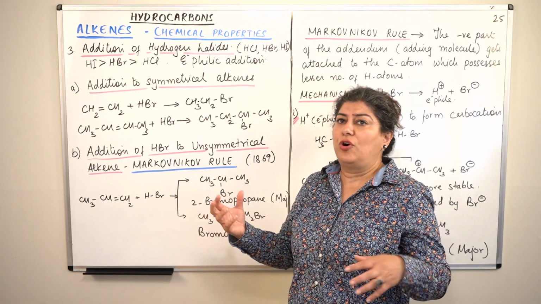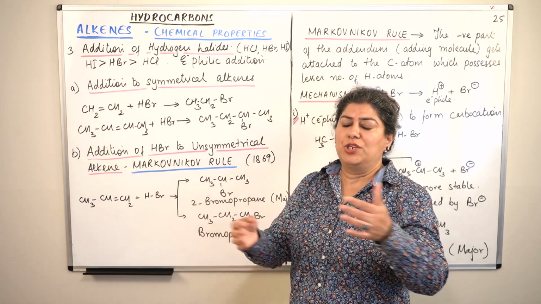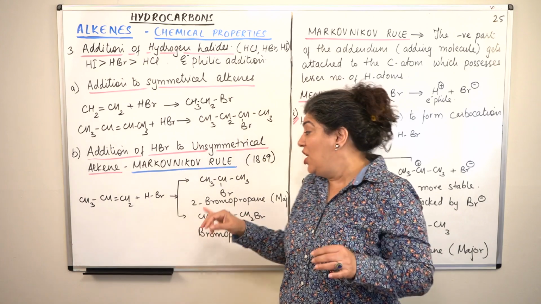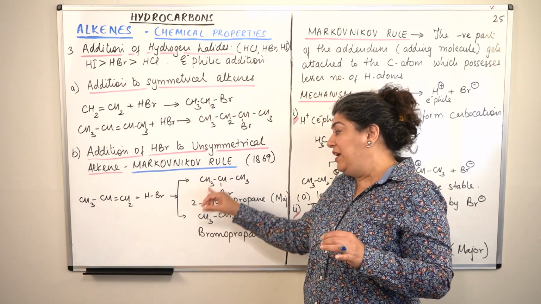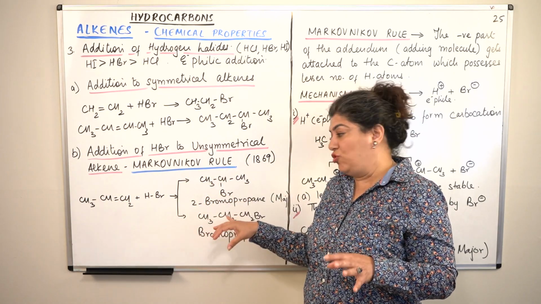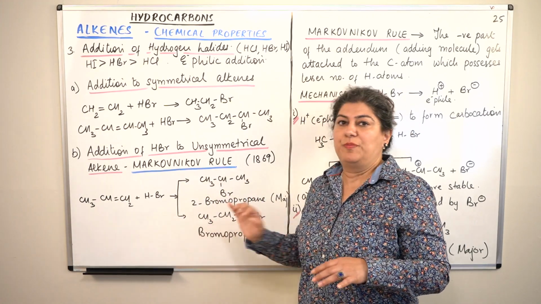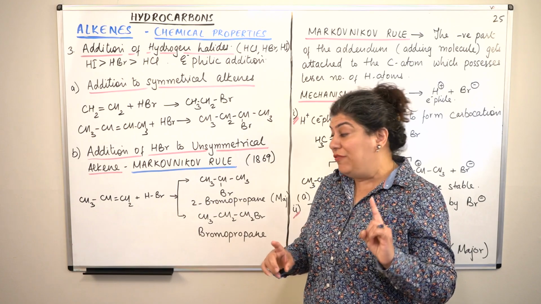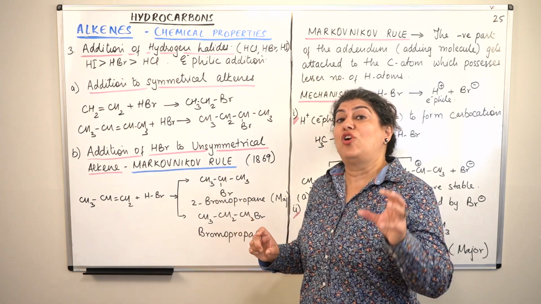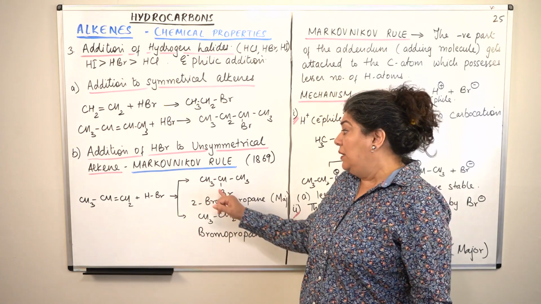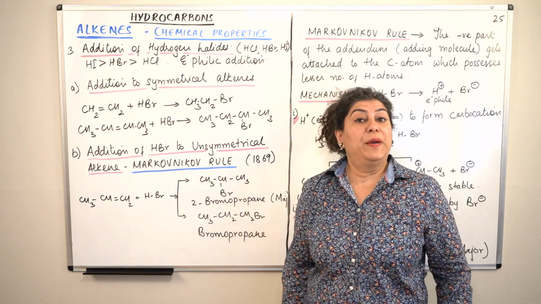Logically, according to your mathematical permutations and combinations, your probability, the probability of having both the products should be 50-50%. You should get 50% of this and 50% of this. But we find that one of the products is dominating, and this is very minuscule. The major product is 2-bromopropane.